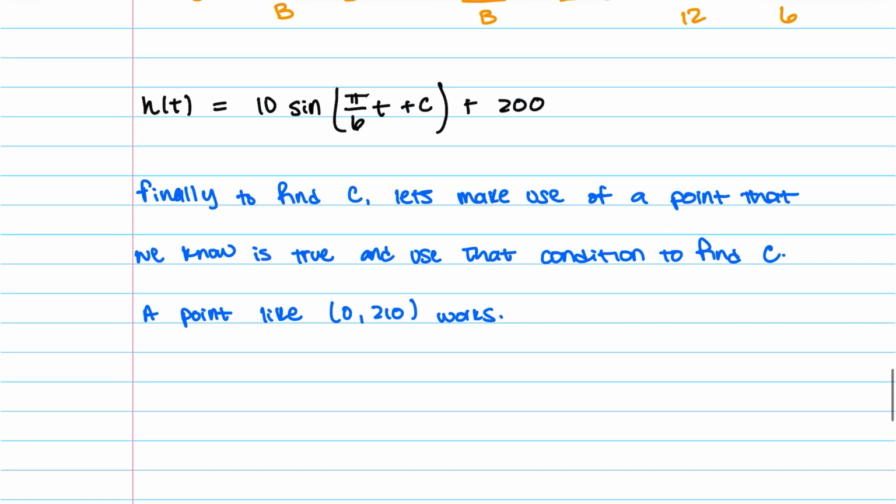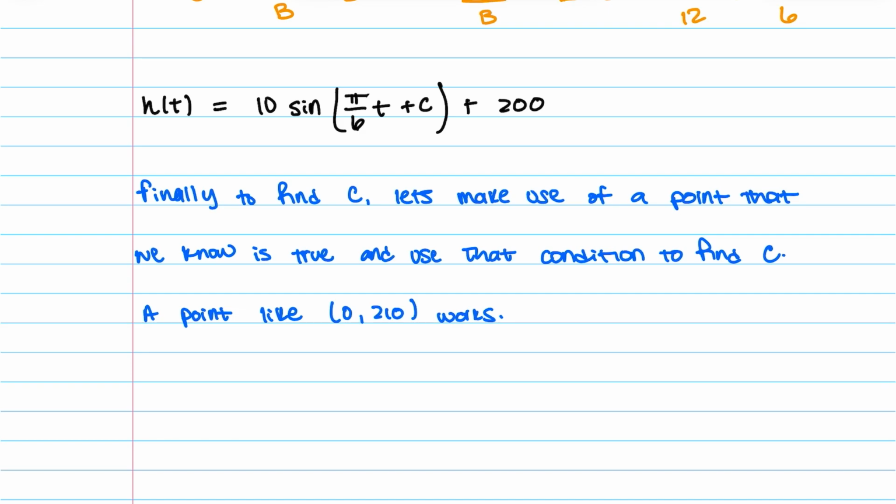Now, for our final letter, c. To find c, let's make use of a point that we know is true and use that condition to find c. A point like 0, 210 is going to work, and it's going to help us find the value for c. Let's take the equation that we formed up to this point, and wherever we see a t, we'll plug in a 0.